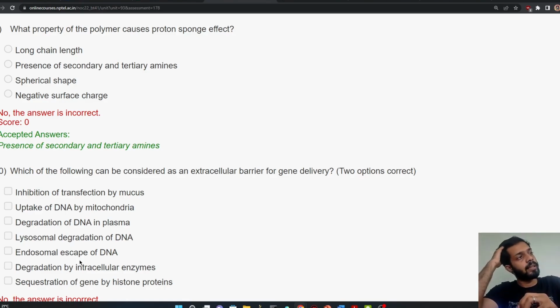These DNases are present as a mechanism to prevent any bacterial, fungal, or other genetic material from traveling throughout your body. That's how DNA gets degraded in plasma, because of these DNases. And since it's not a cellular process, it's happening in the plasma, it's an extracellular process that's happening to the DNA.